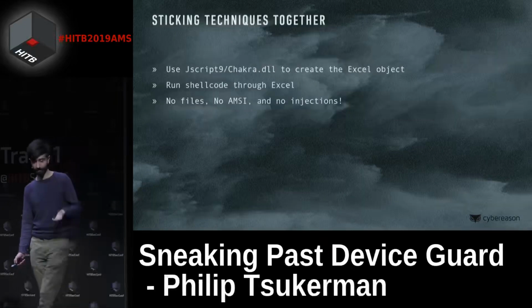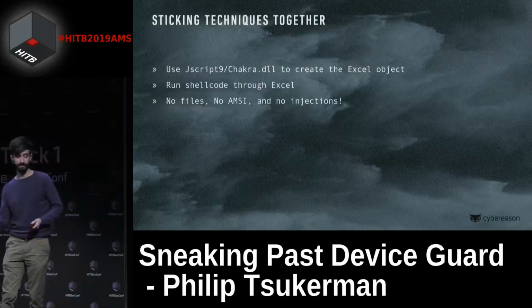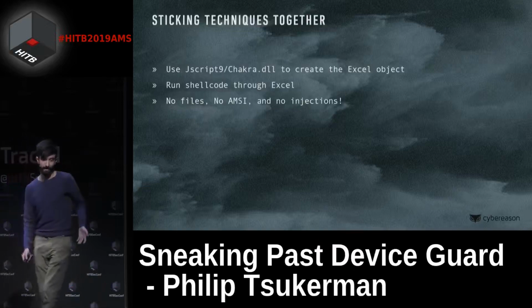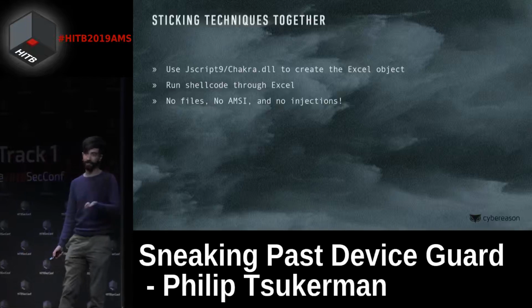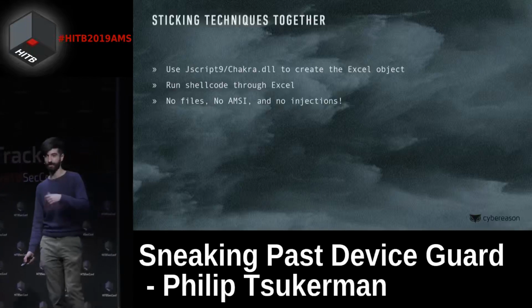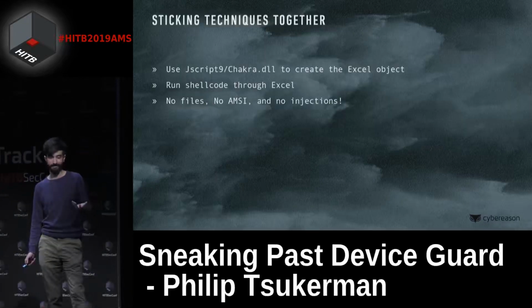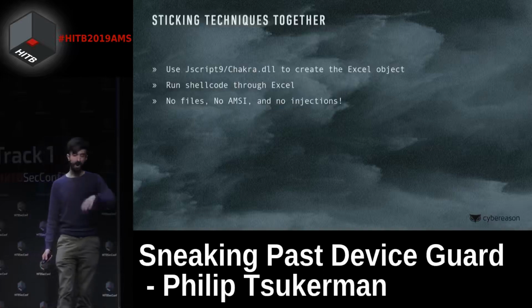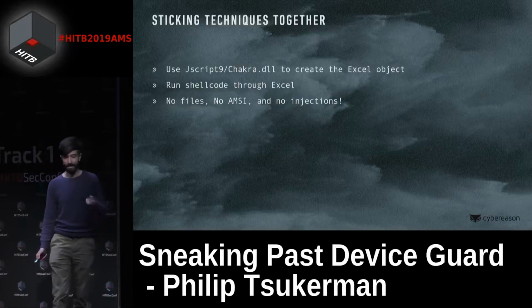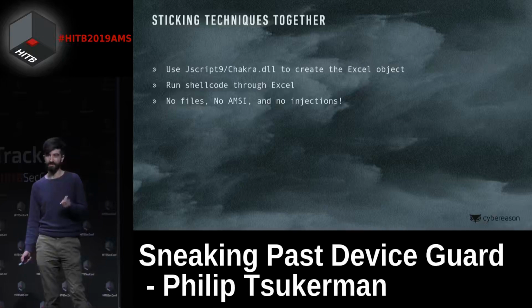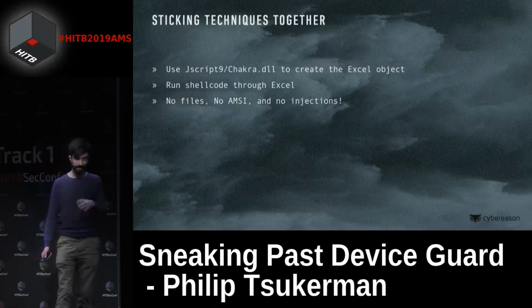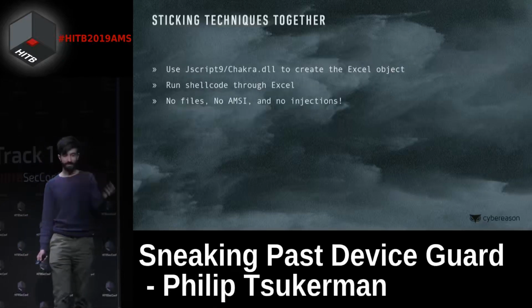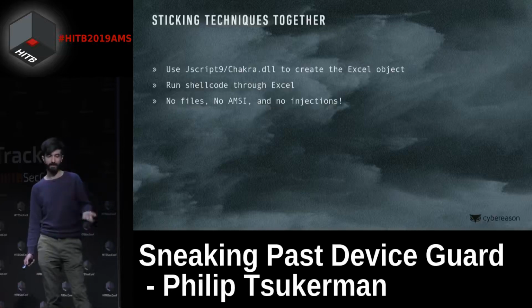So furthermore, you could just stick a bunch of techniques together. So for example, I could have an orchestrator running JScript 9 or Chakra to just offload any more malicious or suspicious activity to, let's say, an Excel object using Excel for macros.